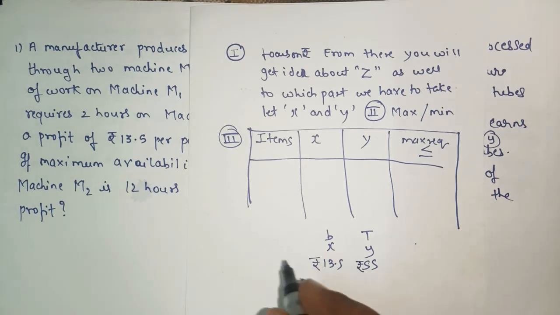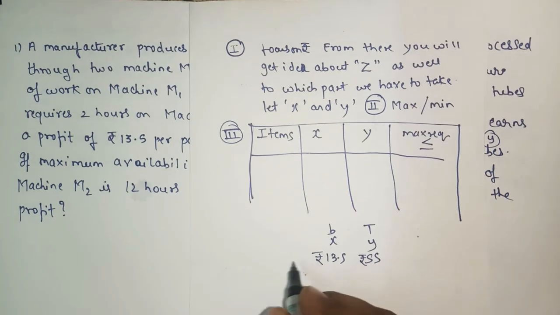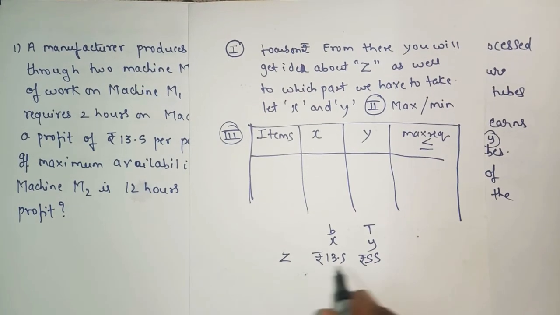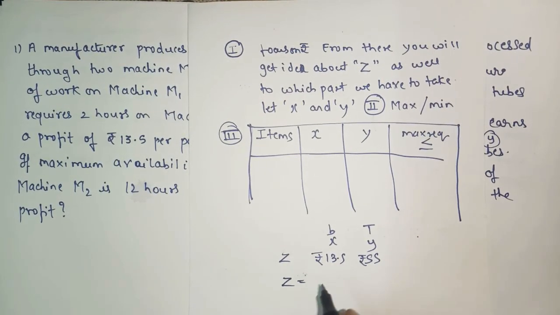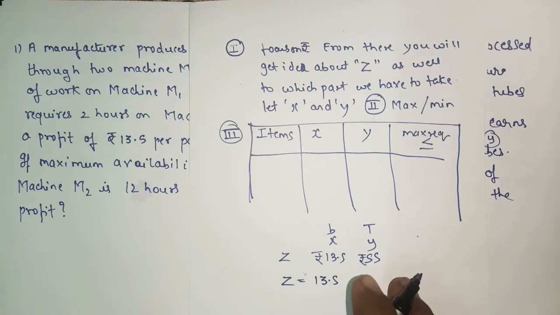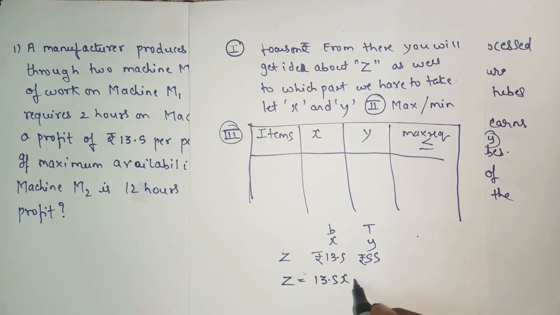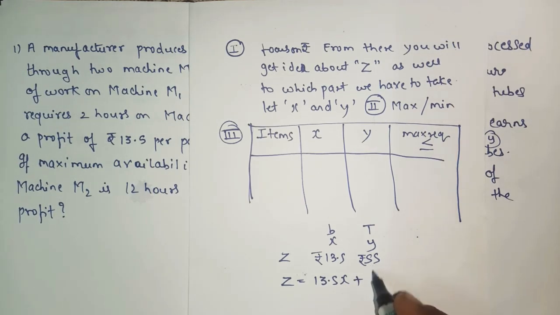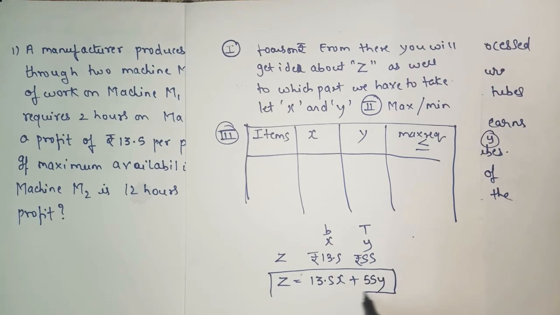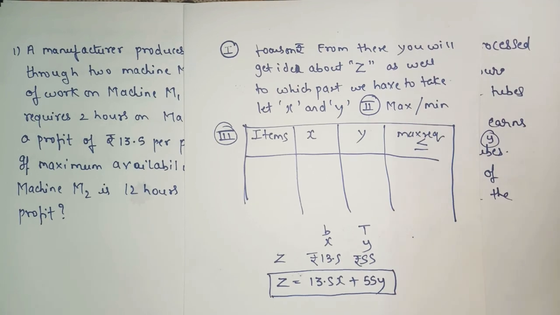From this sentence you will get the value of Z. So how to frame Z? It is very simple. Z equals 13.5X, plus, since we have to find the total answer, 55Y for tube. In this way you will frame the value of Z.